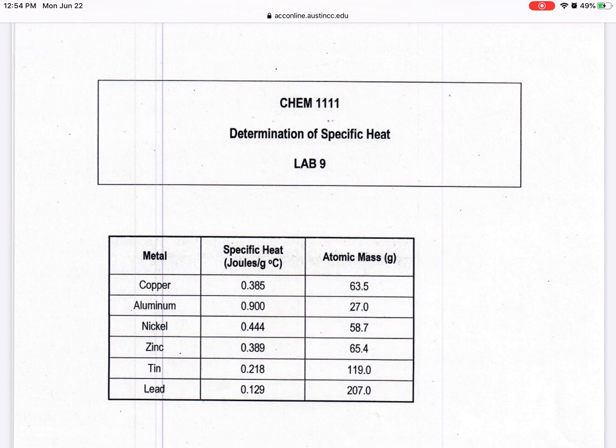For the first trial I got 0.391, and for the second trial, for example, 0.392, but the real, actual specific heat for copper is given as 0.385. So we're going to use that to find the percent error. The units are joules per gram per Celsius, which is similar to joules per gram per Kelvin.